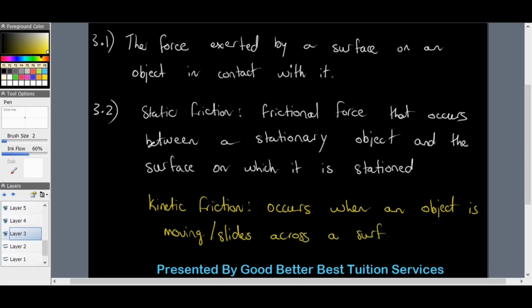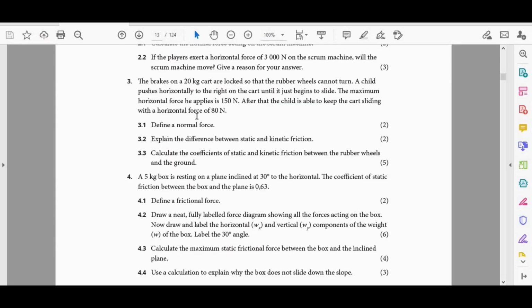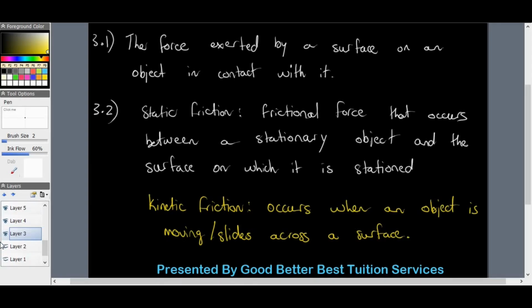So this definition clearly helps us understand the question better, when the question states that the cart begins to slide, and after that the child is able to keep the cart sliding. So this definition really helps us there.